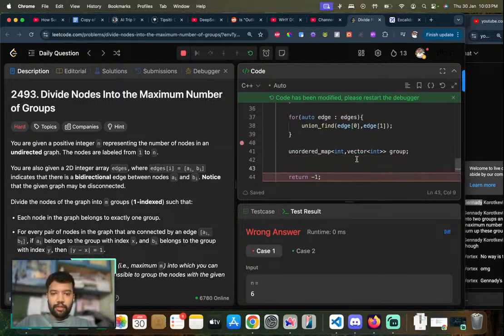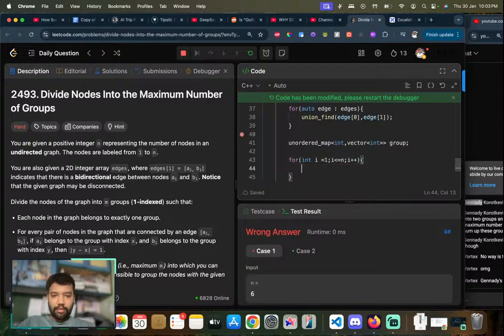So for auto i equals 1, i smaller than or equal to n, i plus plus, I guess simply do group of parent of i dot push back i.